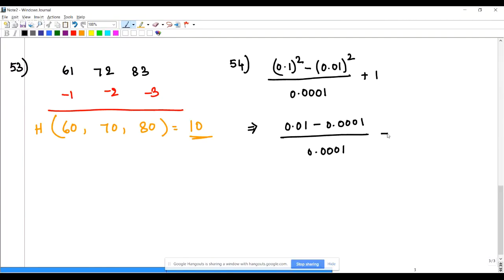Multiply numerator and denominator by 10 to the power of 4, which is 10,000. If I multiply it, it becomes 100 minus 1 by 1 plus 1. So minus 1 plus 1 anyway get cancelled. So 100 remains the same. So it becomes only 100.